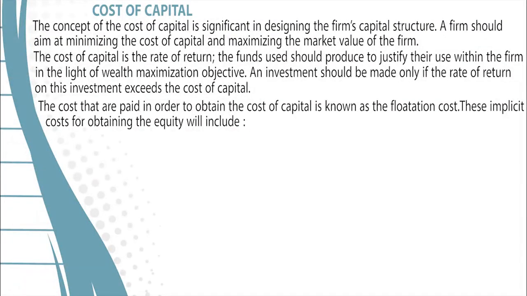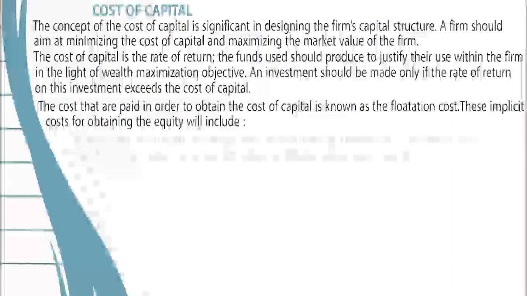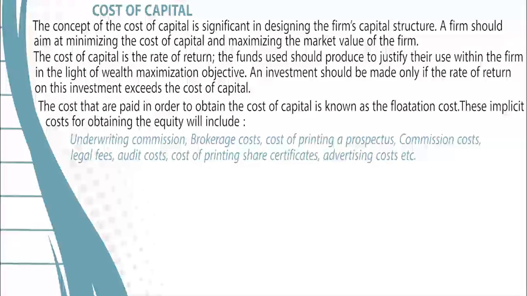The implicit cost for obtaining equity will include the underwriting commission, brokerage costs, cost of printing a prospectus, the commission costs, legal fees, audit costs, cost of printing shareholder certificates, advertising costs, and so on and so forth.